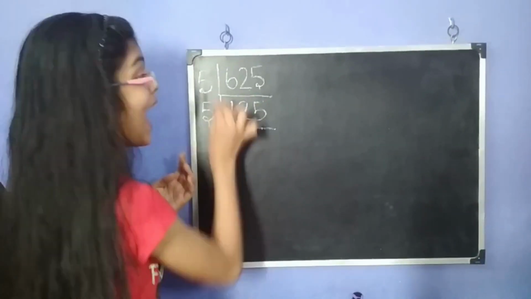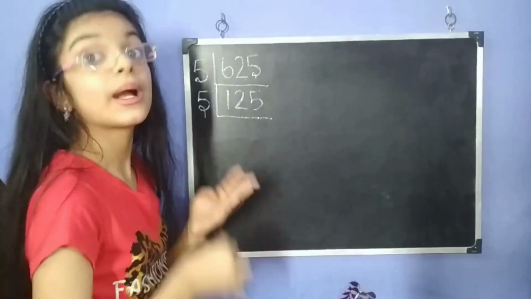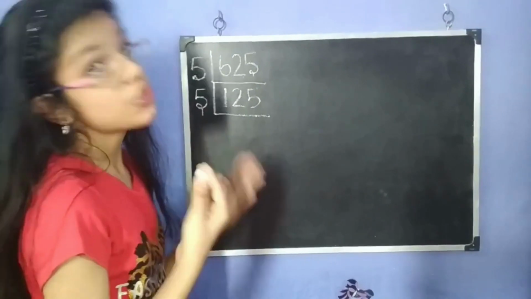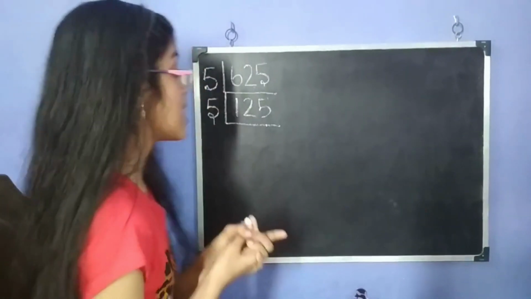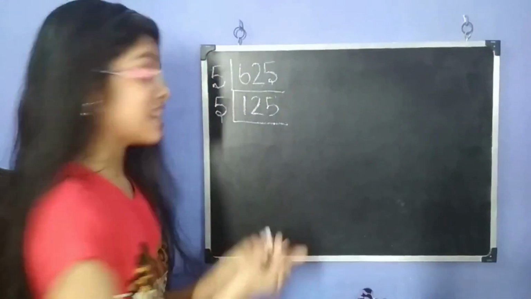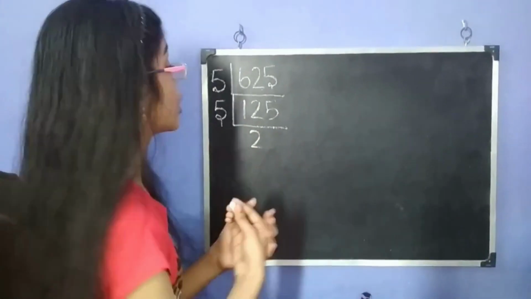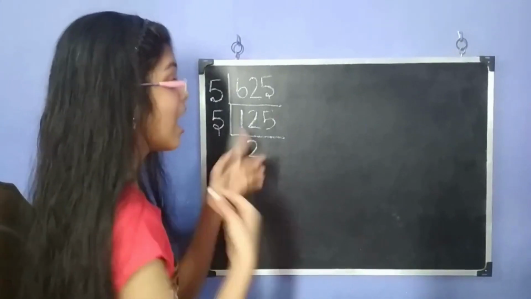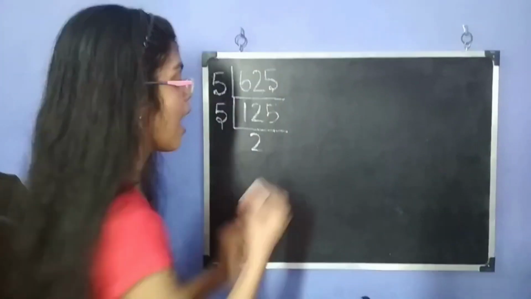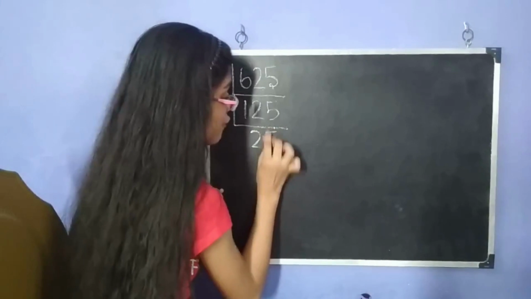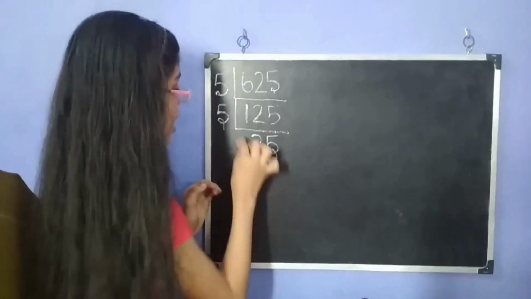So let's take 1 and 2 together. So that's going to become 12. Now 12 is not in the 5 times table, but 10 is. So let's put a 2 because 5 times 2 is 10. And 2 is going to be the remainder, and that's going to become a 25. And we know that 5 times 5 is 25.